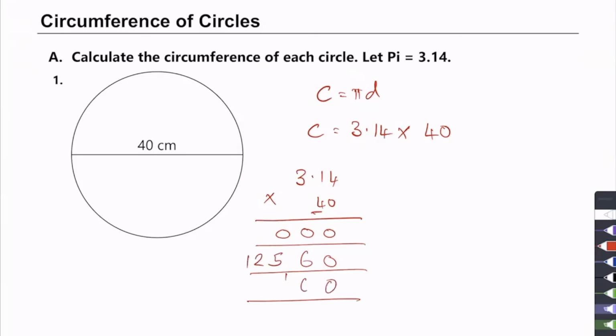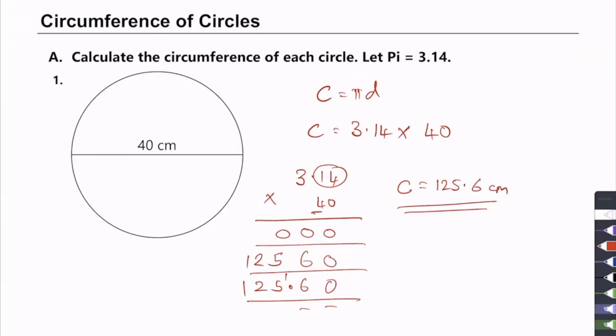Add up my columns, get 12560. I can see that there are two numbers after the decimal, 1 2, and my decimal goes there. So the circumference is equal to 125.6 centimeters.